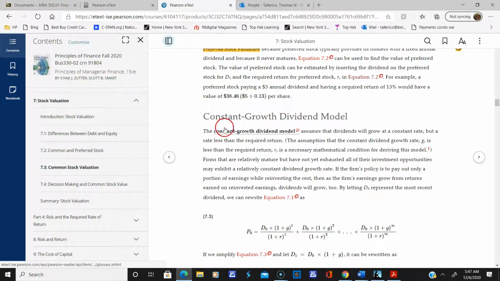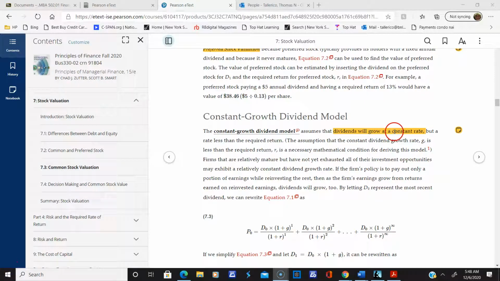Now we move on to the next type of dividend growth model. We did the zero growth model. Now we look at the constant growth model, where the assumption is made that dividends will grow at a constant rate.